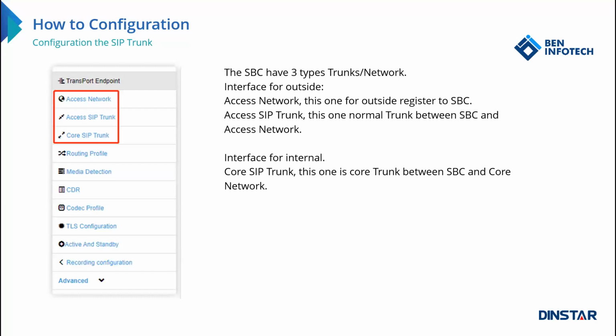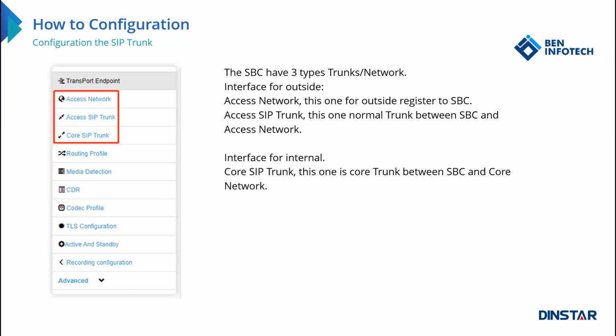And access network is where you would be entering the IP details and the username and password details from your service provider when you're registering in the trunk mode. You need to be sure of all these three different options and know the differences between them so that you don't get confused, because it would be helpful during configuration.